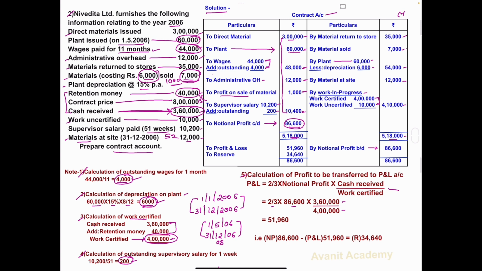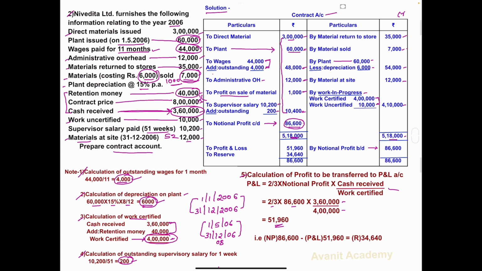Now calculate it. 2/3 into 86,600 into 3,60,000 divided by 4 lakh. You will get 51,960. This amount is transferred to profit and loss account and remaining to reserve.